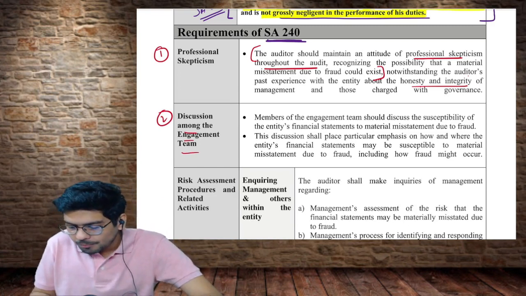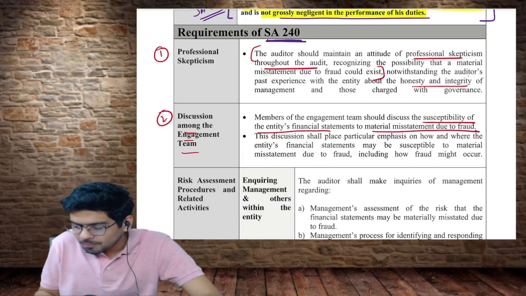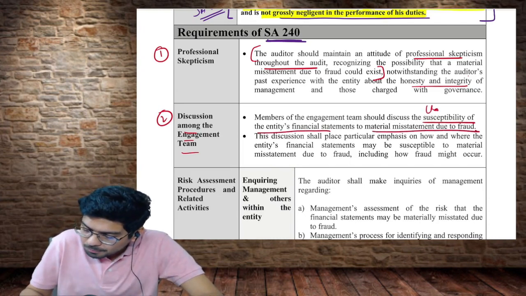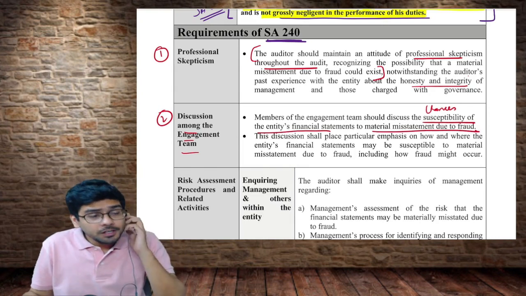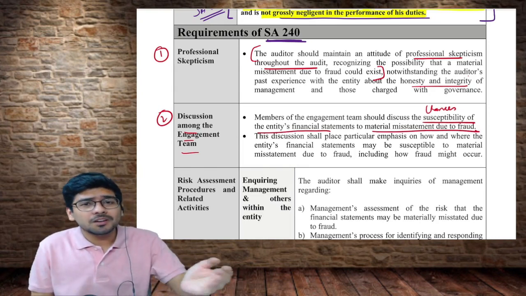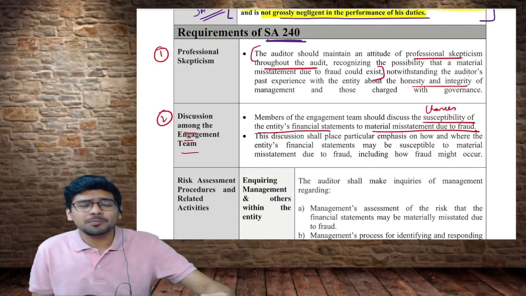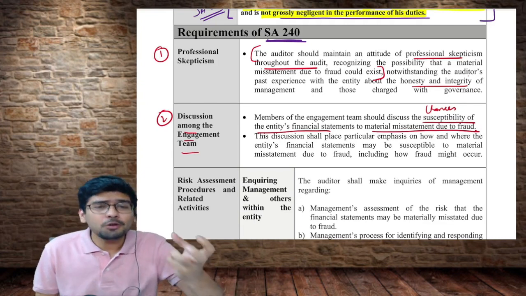Members of the engagement team should discuss the susceptibility of the entity's financial statements to material misstatement due to fraud. Susceptibility simply means chances. We need to discuss among ourselves what are the chances that management must have done fraud in the company? What are the chances of financial statements being materially misstated due to fraud? We need to discuss this aspect.